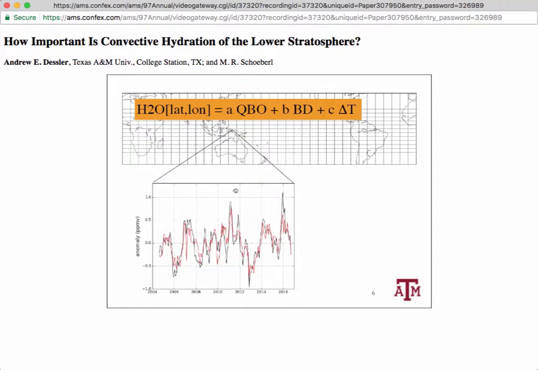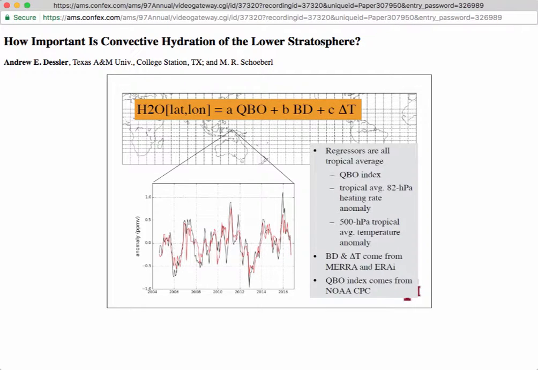So this depends on latitude and longitude, but we're going to use tropical average regressors. So the regressors are going to be the same for every box. And then we're going to calculate these coefficients, how important each of these terms are as a function of latitude and longitude. Okay? It's a really very interesting idea, I thought. If you want to know what the regressors are, I can answer those questions.